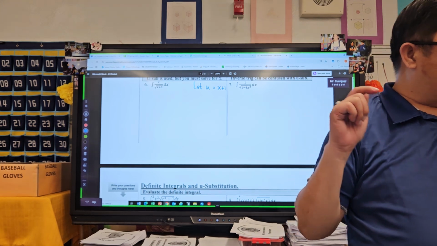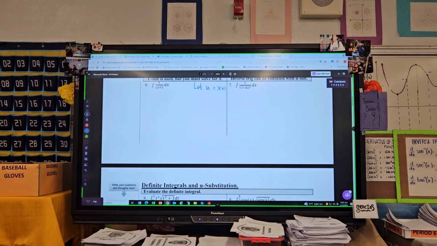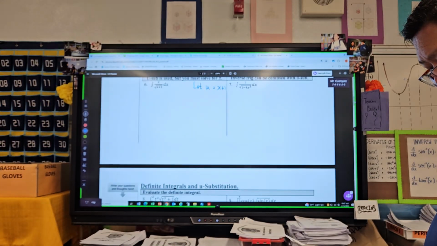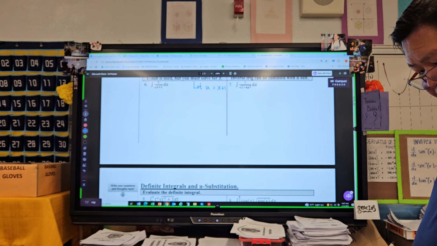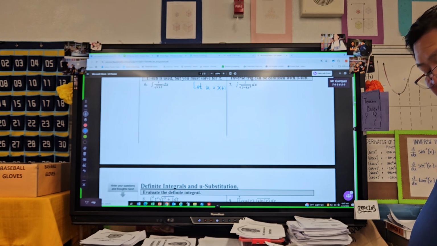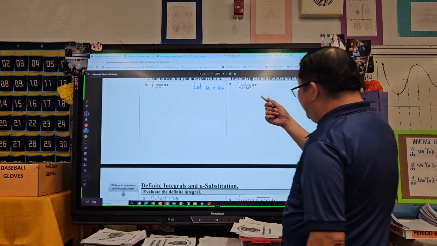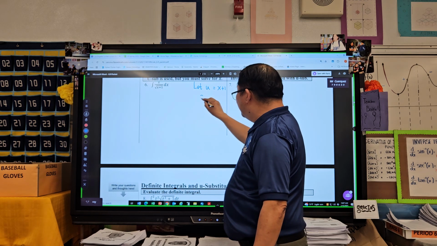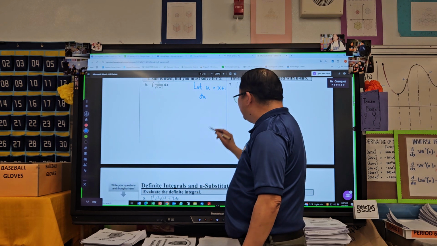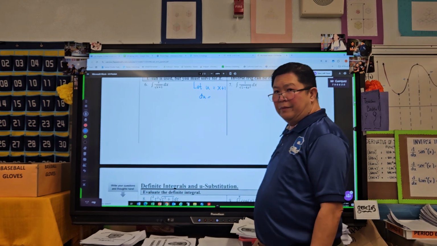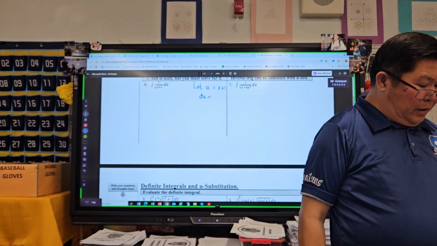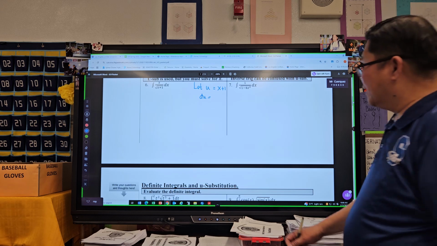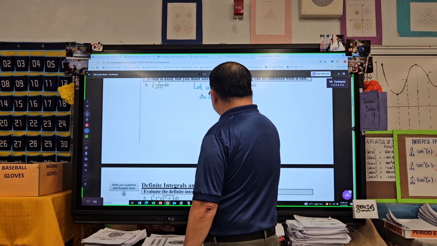So we can solve that in terms of u, but in terms of x. Before that, can we write first the derivative of u, du, which is, what is the derivative of x? It's going to be dx, or 1 dx, right? So du equals dx.